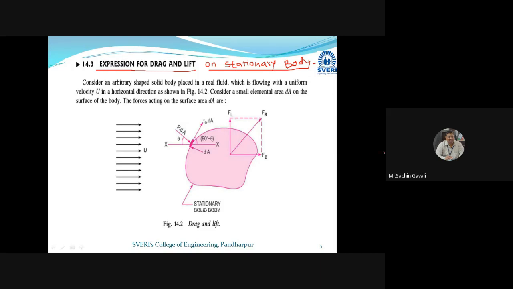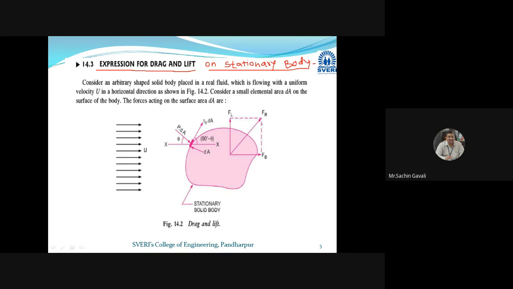Okay. Now here is one stationary body. We already took this arbitrary shaped body in the last slide. Now let us consider this arbitrary shaped pink colored solid body, and the fluid is moving with velocity u. As we know, a force will be exerted by the fluid on this body.